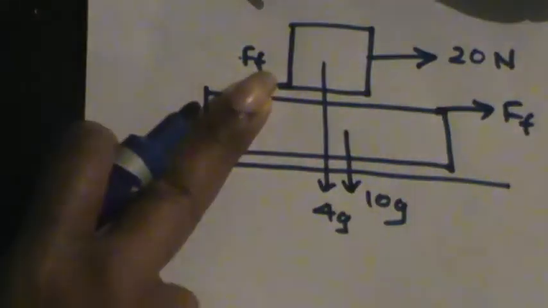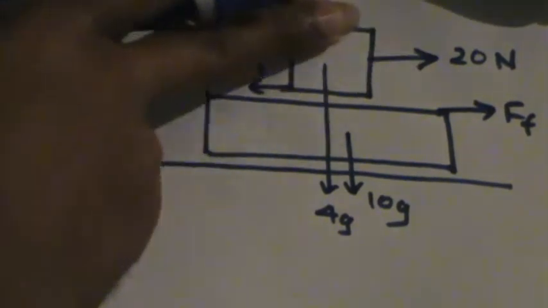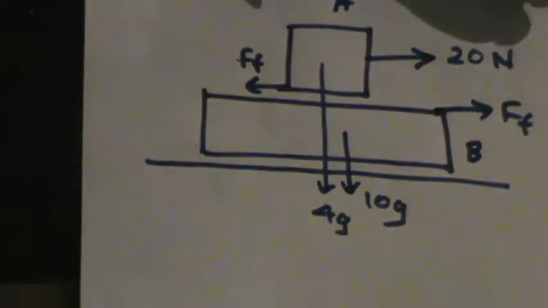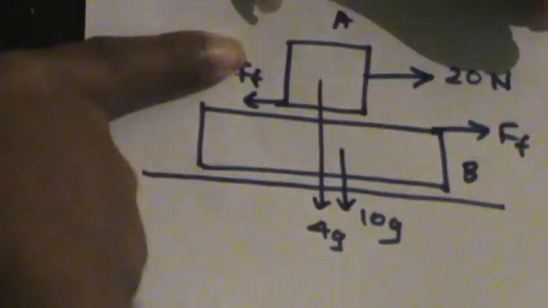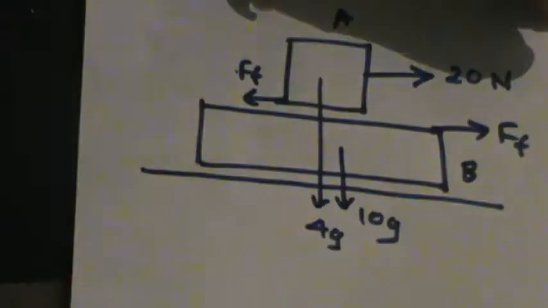So this frictional force is because now this object is trying to move relative to this object. I will take this object as A and this object as B as in the last video. This frictional force is due to the force applied on A, and due to this force the object was trying to move in this direction.